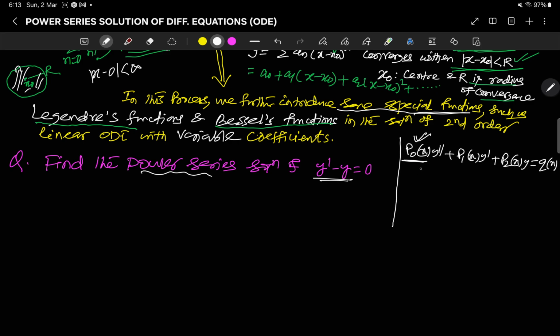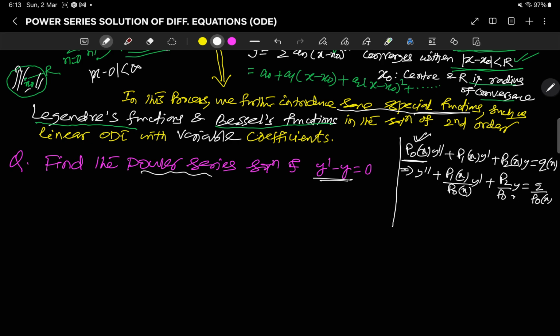This is the restriction here. It means if we divide, my equation becomes y double dash plus p1(x) by p0(x) y dash plus p2 by p0 y is equal to q by p0.